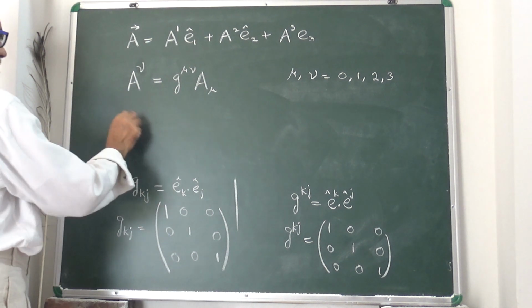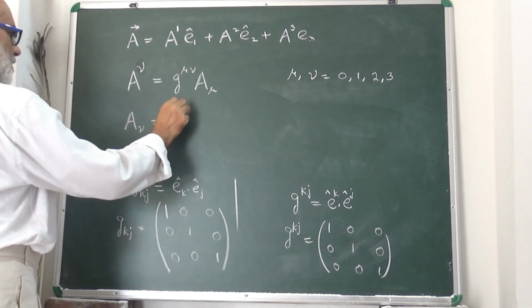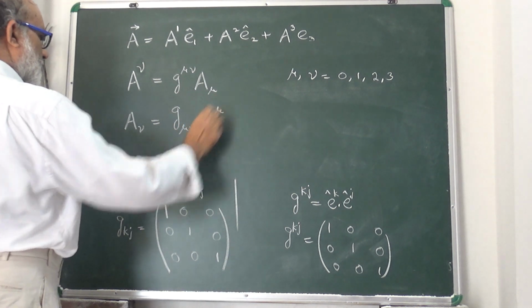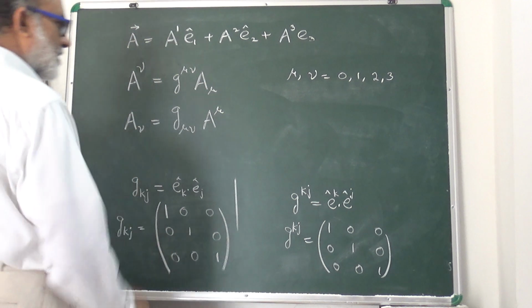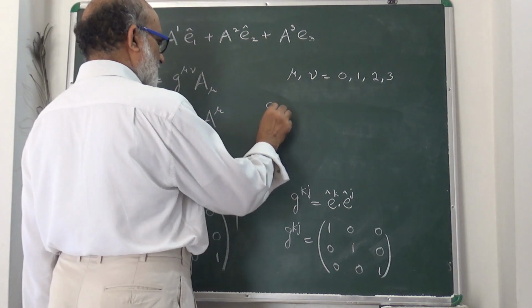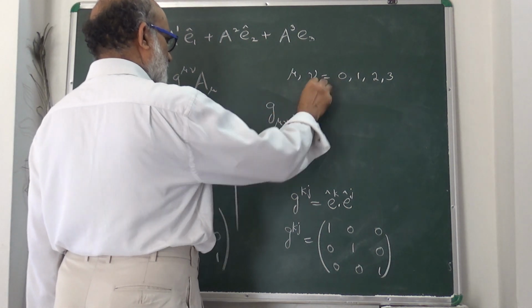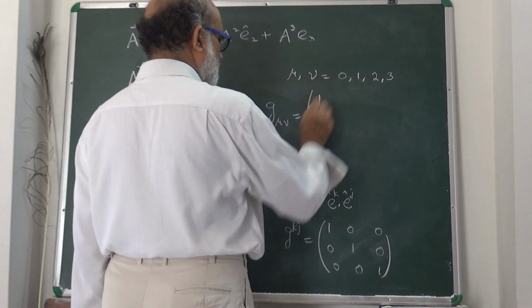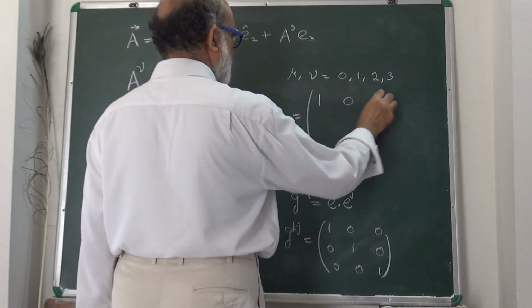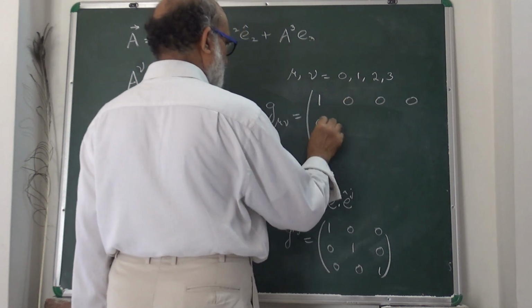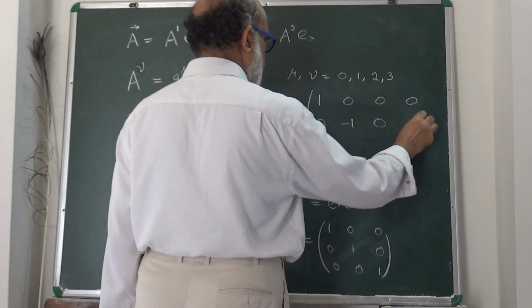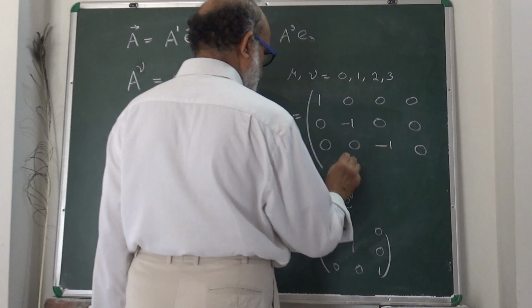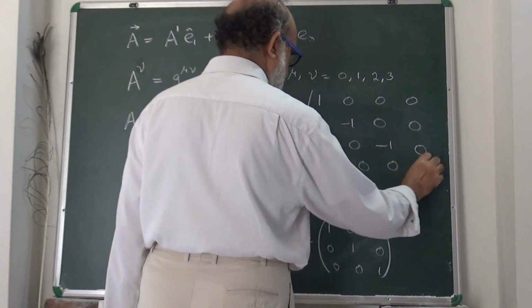Similarly, A nu will be G mu. And in this case, G mu is a matrix which is 4 by 4. The first row is 1, 0, 0, 0, then 0, minus 1, 0, 0, then 0, 0, minus 1, 0, then 0, 0, 0, minus 1.